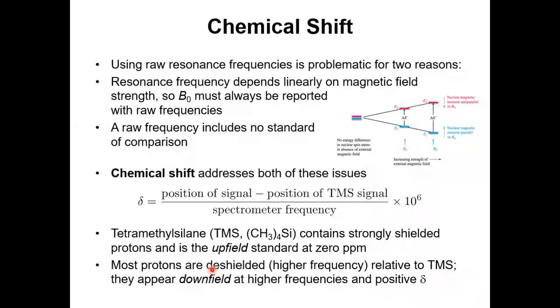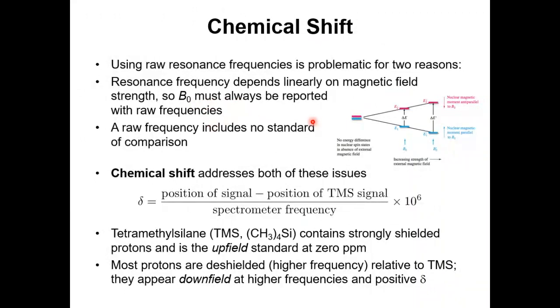Now we know that the resonance frequency of a proton is directly related to the screening constant, or electron density in most cases. But directly using the raw resonance frequency is problematic for two reasons. First of all, we know the resonance frequency depends linearly on the magnetic field strength. So if you want to report a raw frequency, the magnetic field strength must be reported.